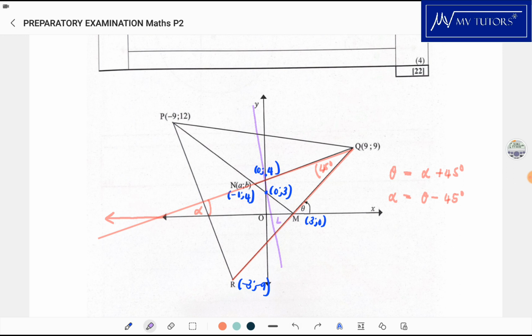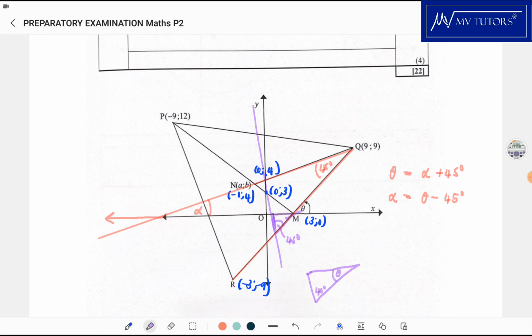So this is our 45 degrees, no? So now I'm looking at this little triangle over here. How can I relate it? If I have this little triangle over there, this is 45. These are vertically opposite angles, so that's theta.